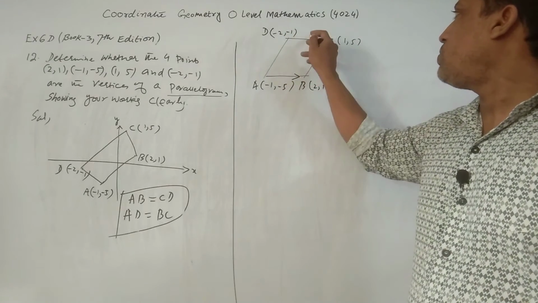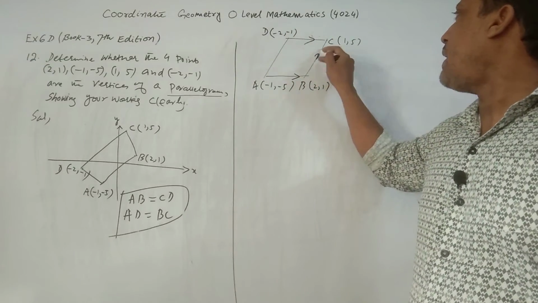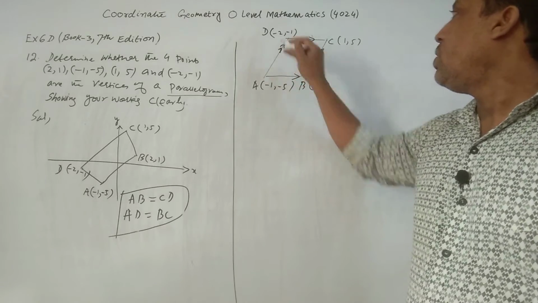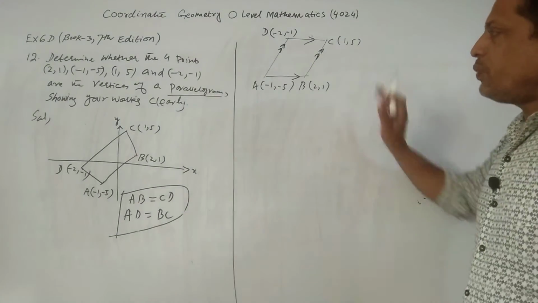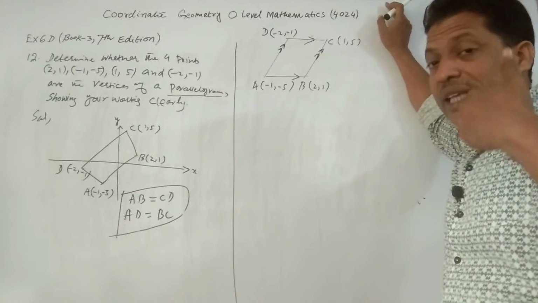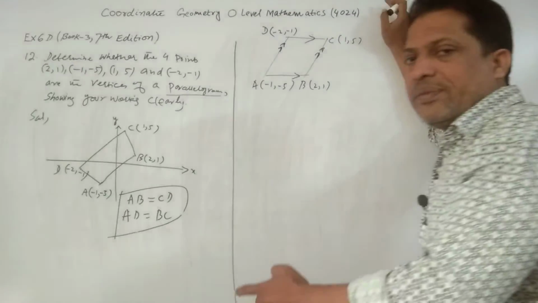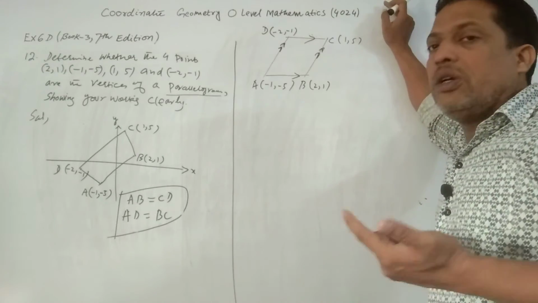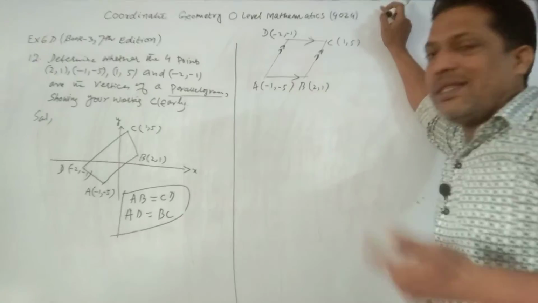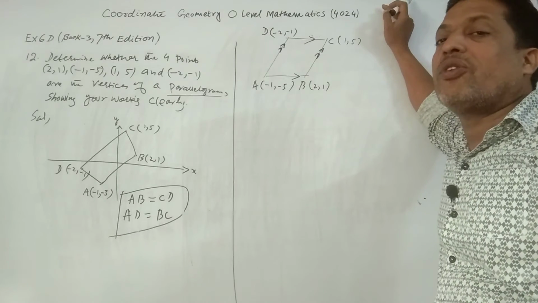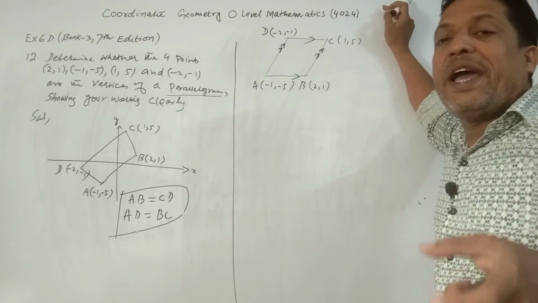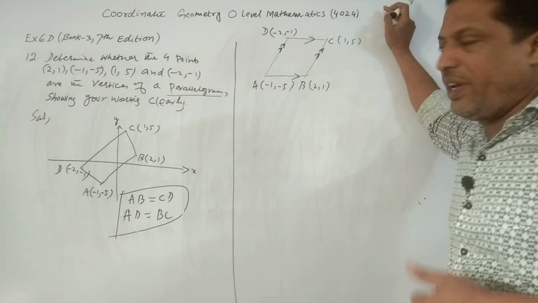This side is parallel to this, and this side is parallel to this. So one way to prove this is a parallelogram is by using the distance formula, and the other way is by using the concept of gradient.